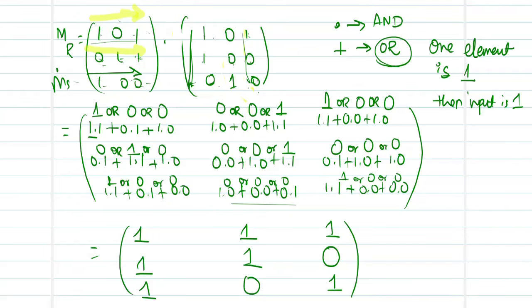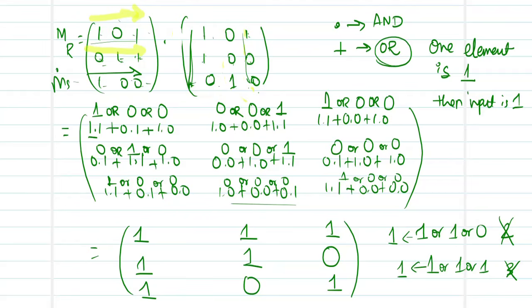Be very careful, friends, not to add 1 or 0 to be equal to 2. This is wrong. And 1 or 1 is not equal to 3. This is also wrong. If either one of them is 1, the marked entry is 1. If at least one of them is 1, the marked entry is 1.